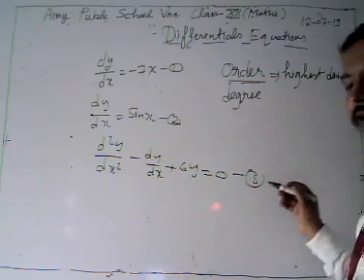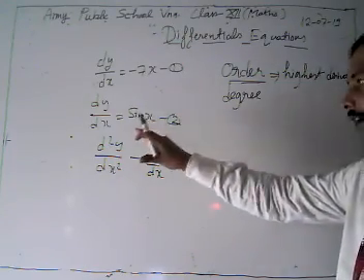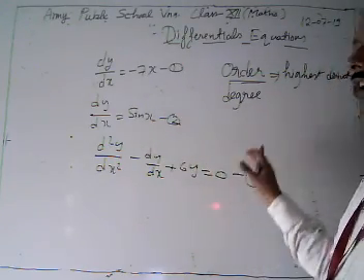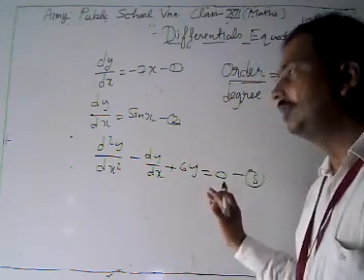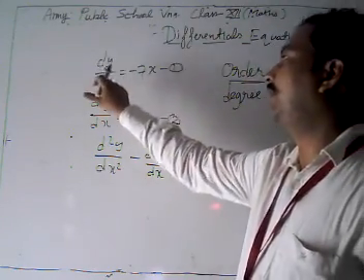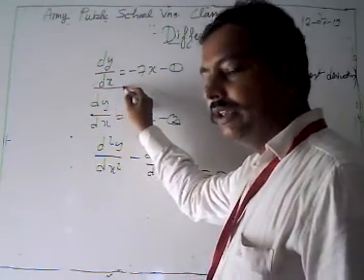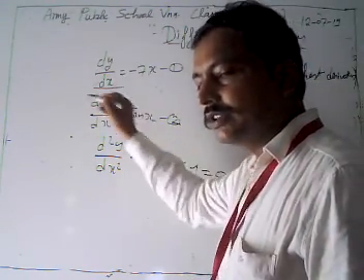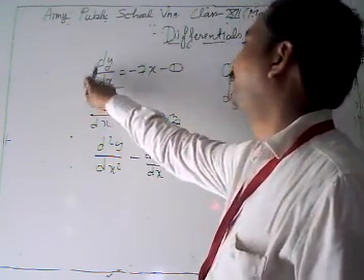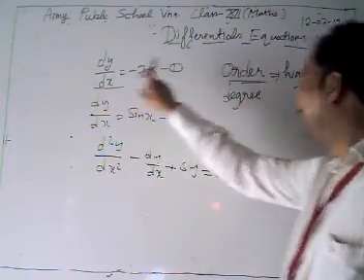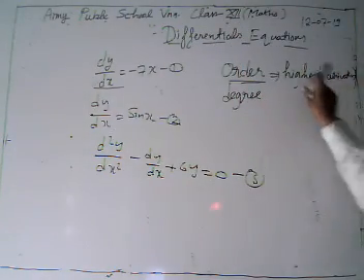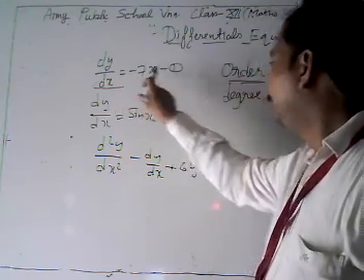In the first example, our derivative is only dy/dx. It is first order. The highest derivative is 1, so its order is 1.